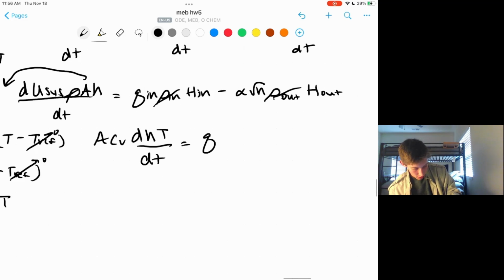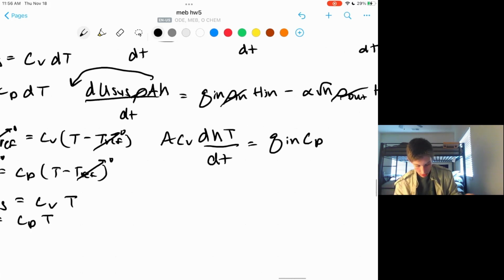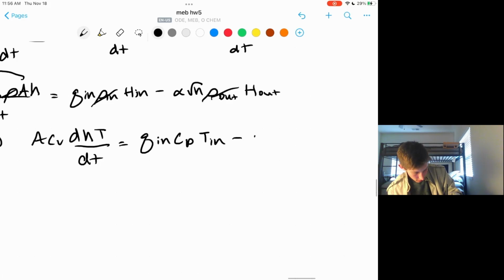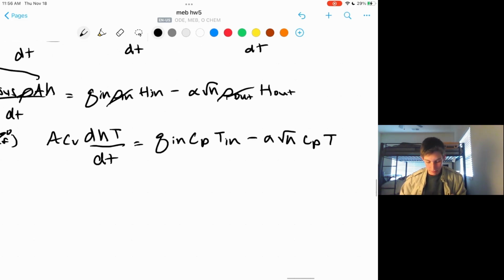And this equals the flow rate going in, and then the enthalpy going in is just the specific heat at a constant pressure times the temperature going in, minus alpha radical H, and then Cp, and then for the T going out, we'll just call that T. So here we have Cv, Cp, Cp, but like I was saying, those are equal because for liquids and solids those are equivalent, and we're working with water, which is a liquid in our situation.